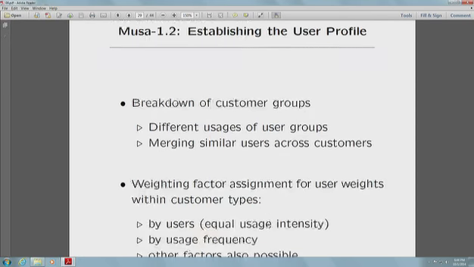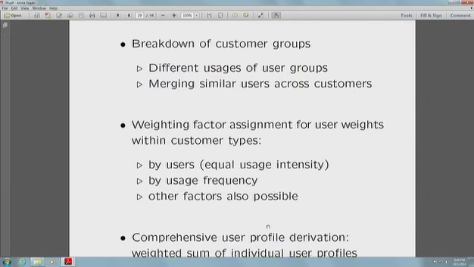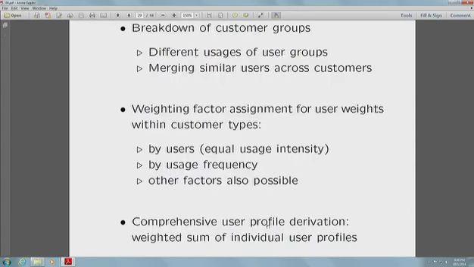For example, once we do this, we can do an individual user profile within each customer type, and then we try to come up with a comprehensive user profile. This is an important step that we need to have a good understanding of.